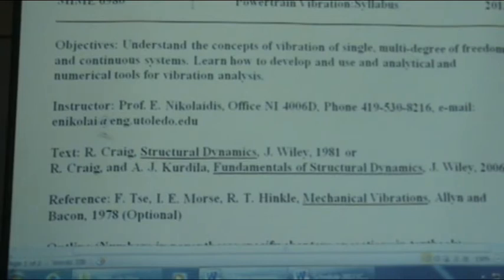The objectives of the class are to understand the concepts of mechanical vibration of systems with 1 degree of freedom, multiple degrees of freedom, and also continuous systems.